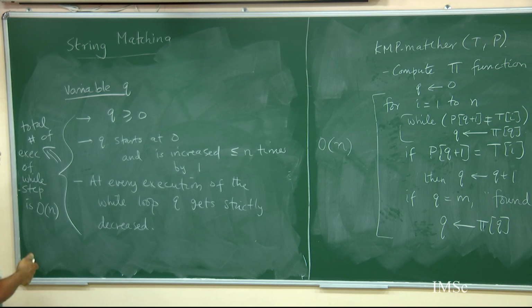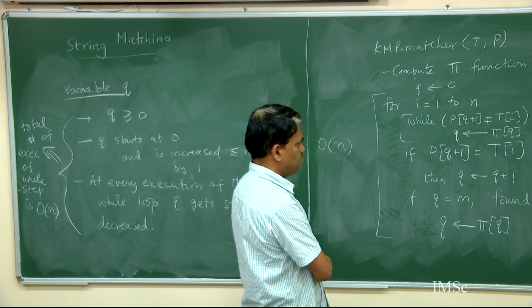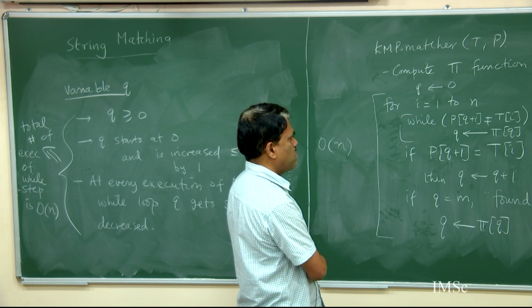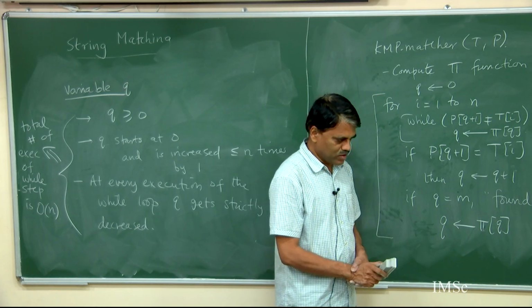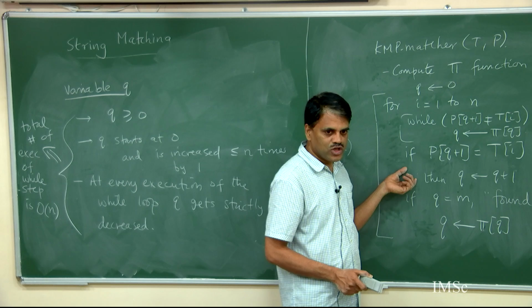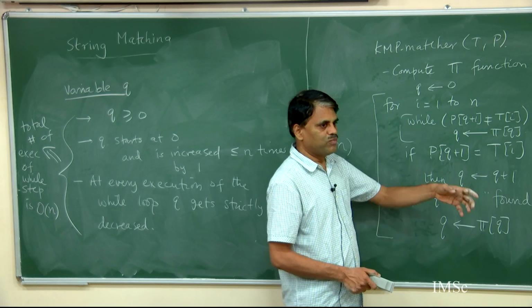So one way you can think of this is the following charging argument. Every time I increase Q, I account 1 and put one other charge for the while loop when it brings it down.